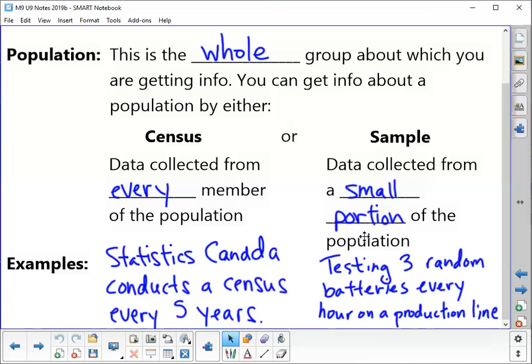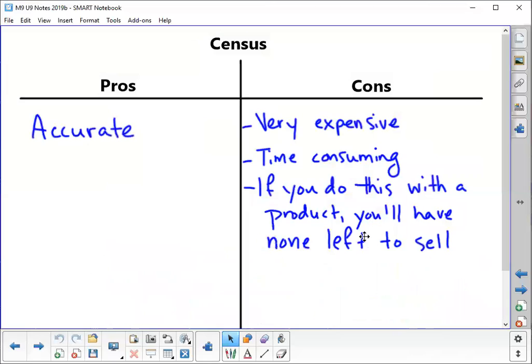So you have a production line, it's making batteries, and every hour you just pull 3 random ones out of the production line and you test them to see if they've got the correct amount of charge and they're ready to go to market. And that's a sample. You're not testing every battery, because if you tested every battery on the production line, you would have no batteries to sell. So that's super impractical.